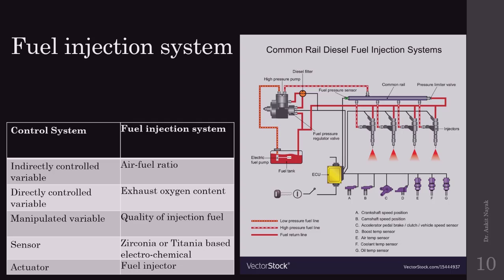And according to the coolant temperature also, we require to vary the quantity or mass of fuel supplied to the engine. Then the oil temperature sensor is also a very important thing, while this ECU decides the quantity of fuel to inject inside the cylinder head.